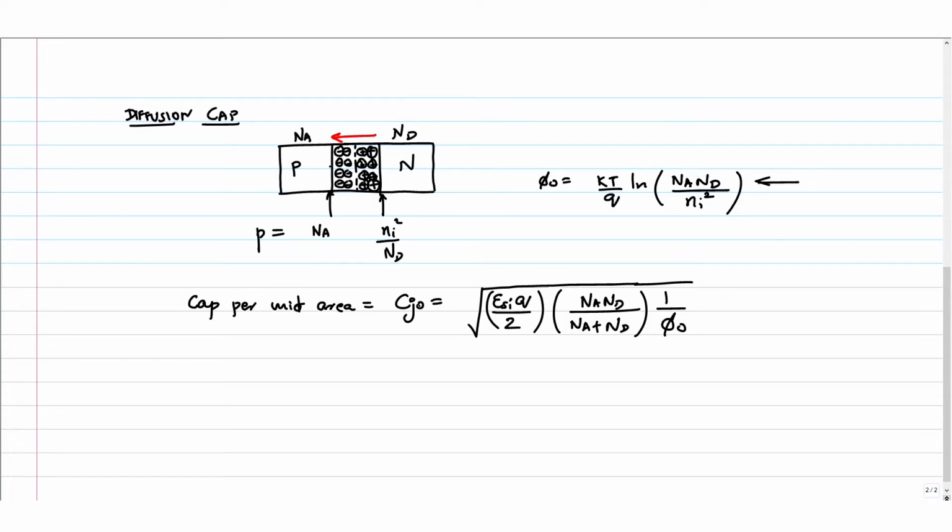But effectively, we have a Cj0, which is a capacitance per unit area, and if this has a width like this and it has an area, let's say this is my L and this is my W. Then what is the net capacitance of the PN junction? Cj0 into W into L. This is what you must keep in mind.